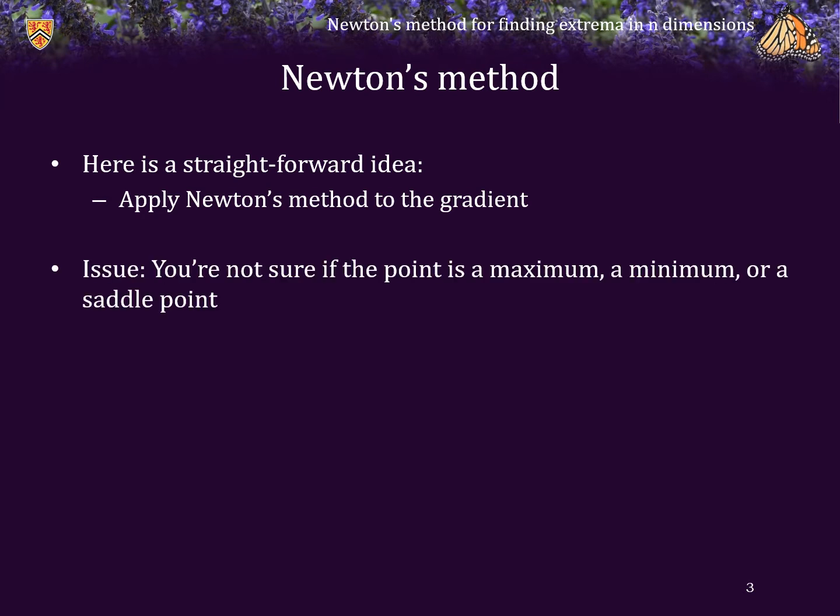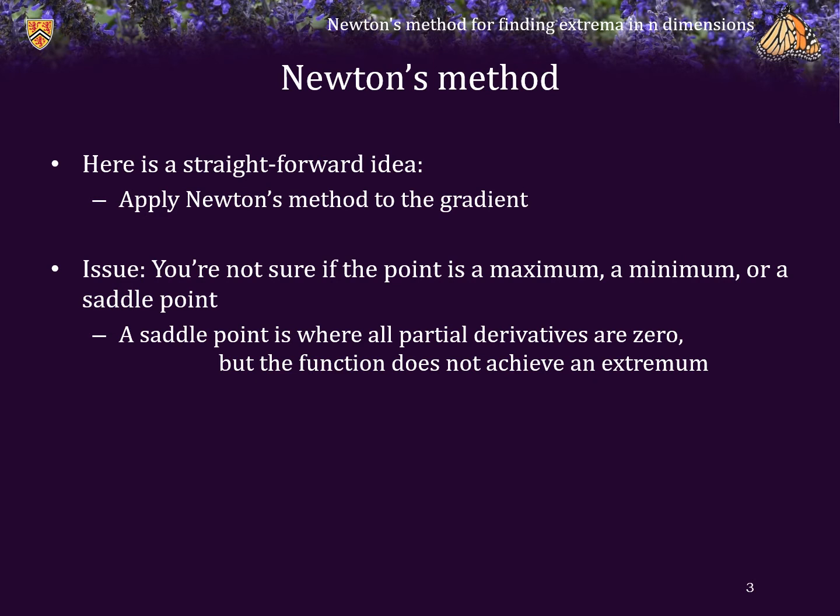Now, the issue we're going to see is that we will not be sure if the point is a maximum, a minimum, or a saddle point. This is exactly the same problem that arises when using Newton's method to find an extrema of a real valued function of a real variable by applying Newton's method to the derivative.